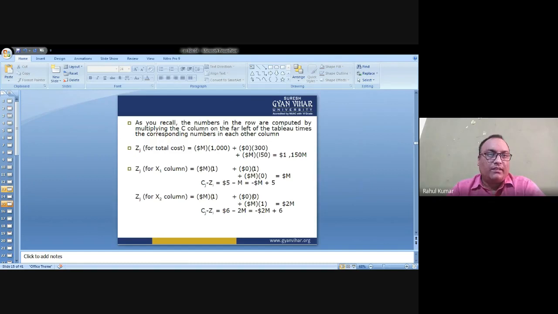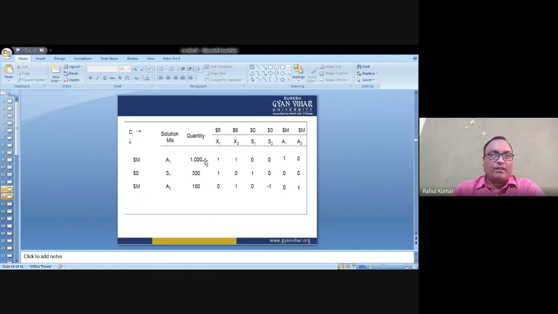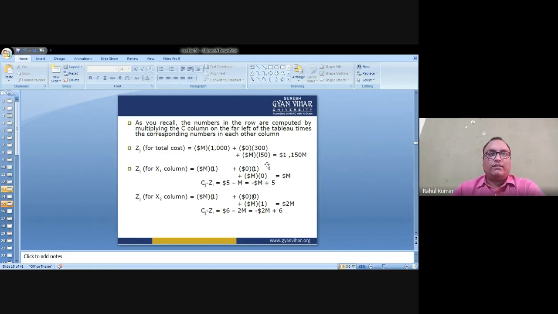Then Zj for total cost is $M times 1,000, $0 times 300, plus $M times 150. This gives 1,150M.